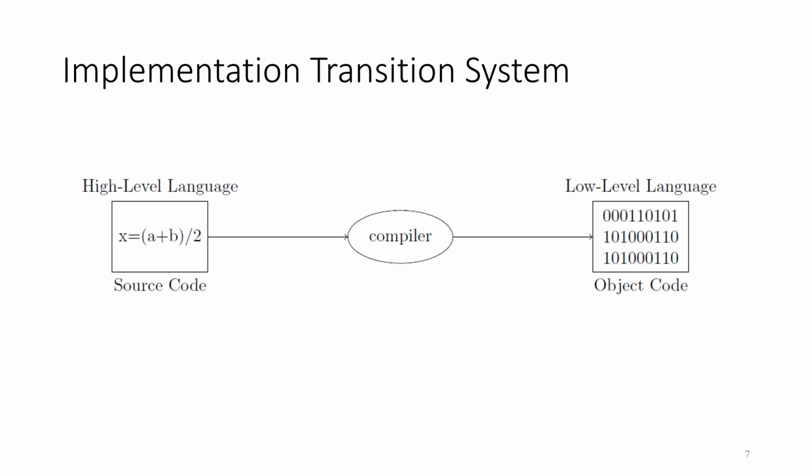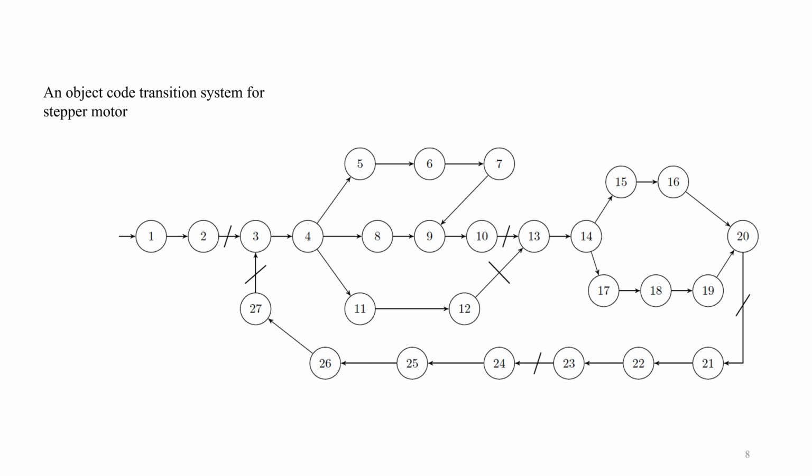So this low level language is what needs to be translated to a transition system, which is known as our implementation transition system. This is an example of an object code transition system for stepper motor. Different type of applications would have different type of implementation transition systems depending on what the source code is.